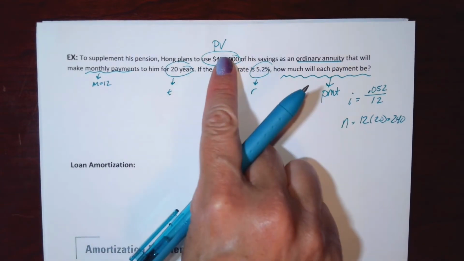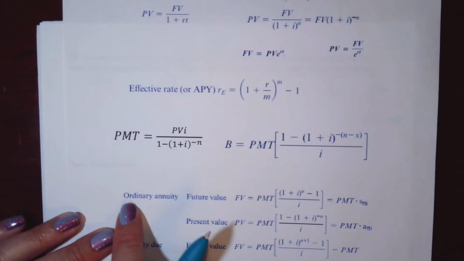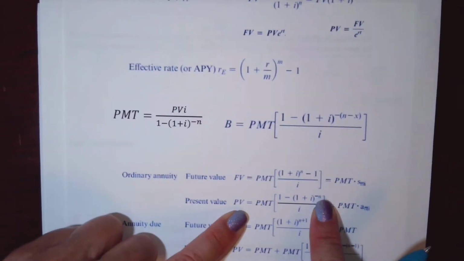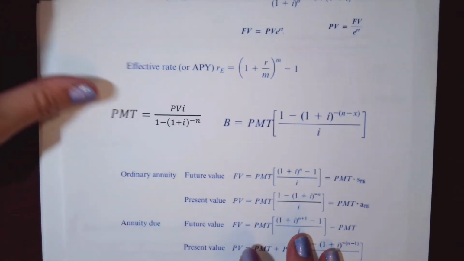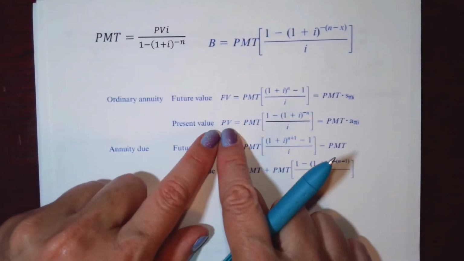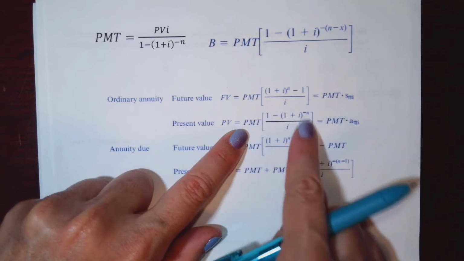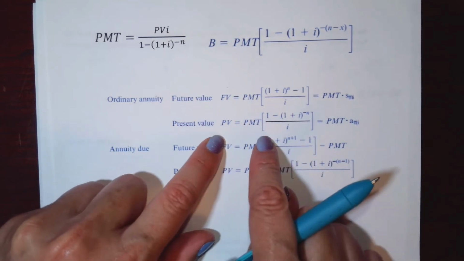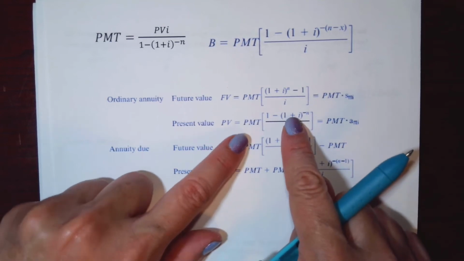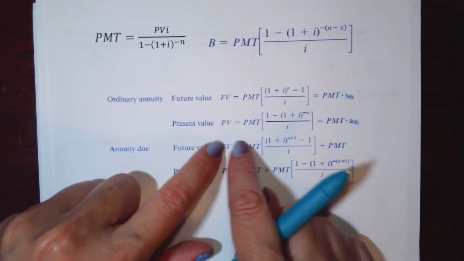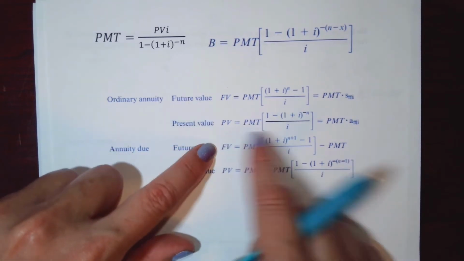But remember, since we're finding that present value, we're using our present value formula for an ordinary annuity, so we're going to use that exponent as a negative value of N. Now, we're going to be solving for payment. We know present value. To solve for payment here, instead of multiplying by this amount, we're going to divide by that amount. So I'm going to go ahead and move this chunk over so that I have payment is equal to present value divided by all of this.